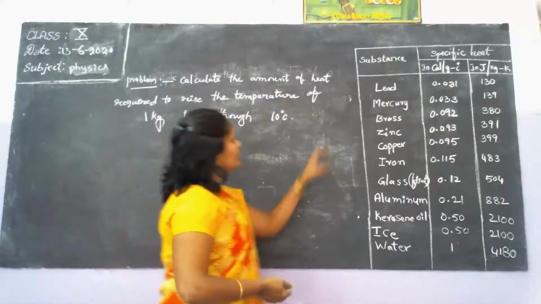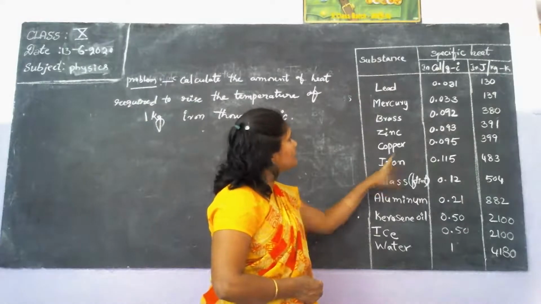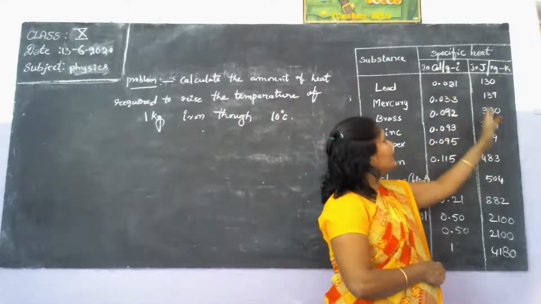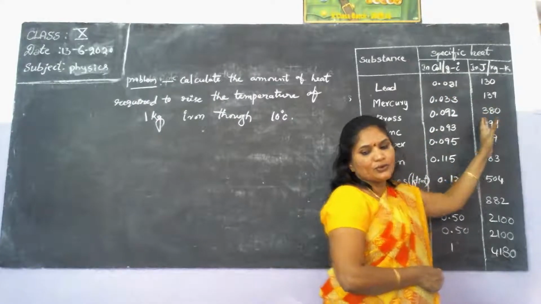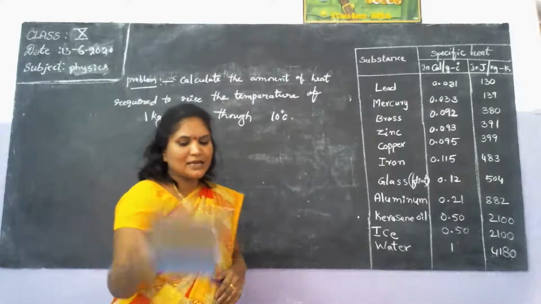See here, you can observe this table. The specific heat of iron is given in CGS units and also in SI units. So how can you measure the specific heat?